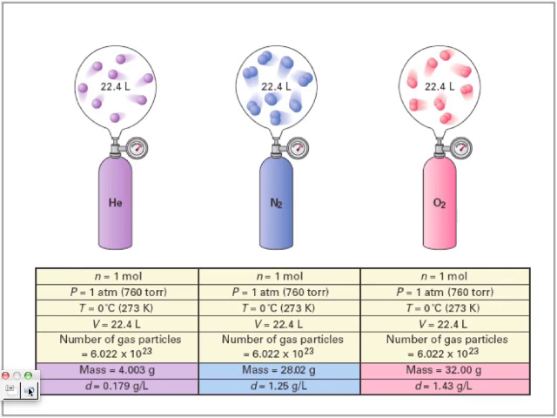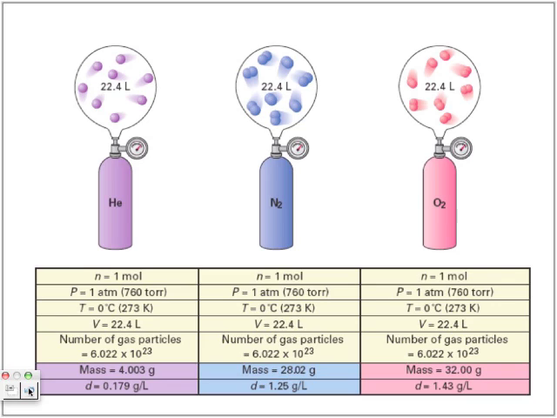So here we have various gases: helium, nitrogen, oxygen. Notice how they're all 1 mole. Their pressures are all the same. Their temperatures are all 0 degrees. What is different with all of these? Their mass is always different, right?